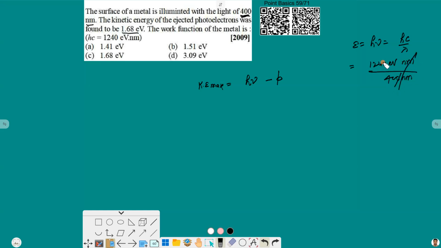So nanometer gets cancelled, 0 gets cancelled, and what we have is 3.1 electron volt. And maximum kinetic energy is 1.68 equal to 3.1 minus phi, and if we solve this, we get phi equal to 1.42 electron volt. That is option A for us.